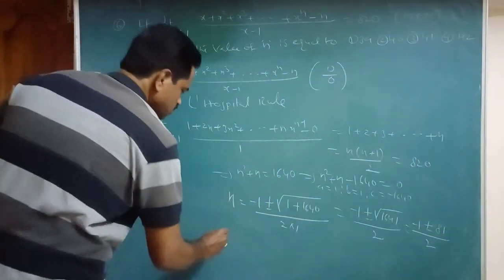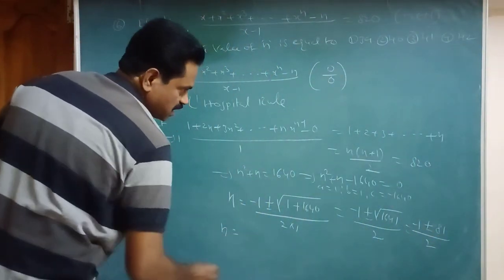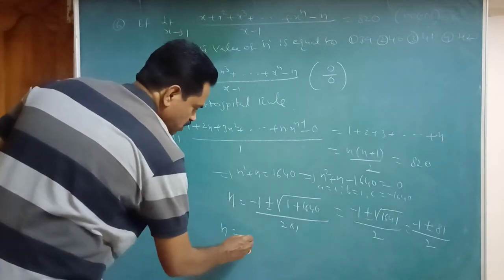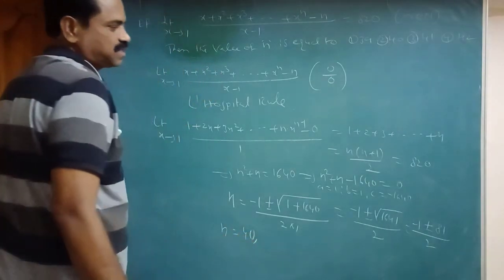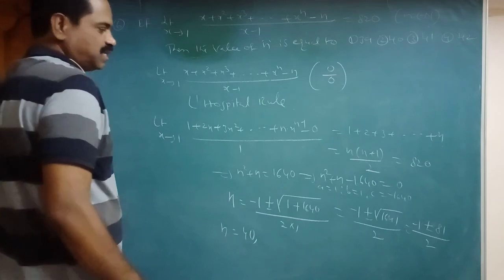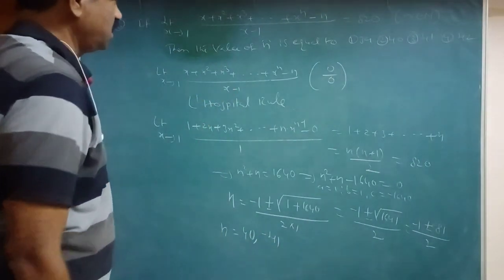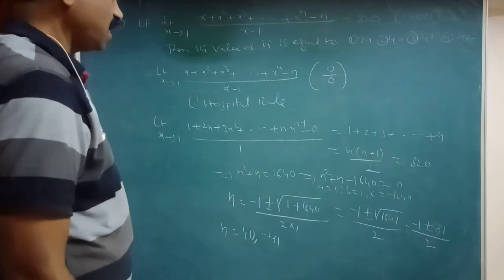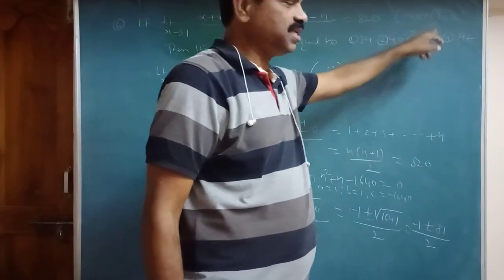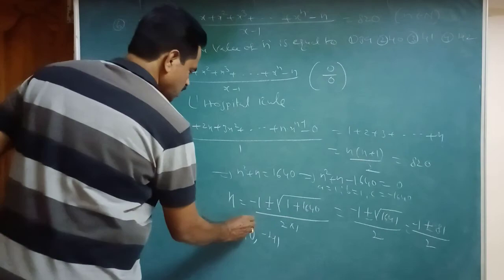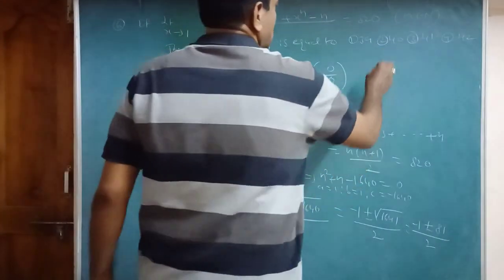Taking plus, 81 minus 1 is 80 by 2, which is 40. Taking minus, minus 81 minus 1 is minus 82 by 2, which is minus 40. But n belongs to the natural numbers, so consider n equal to 40. So the second option is correct.